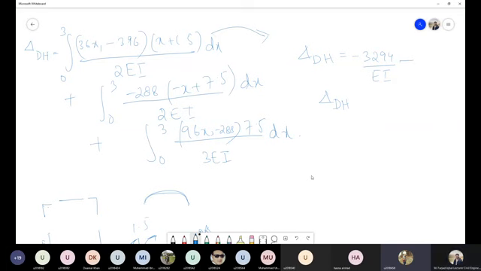Sir, it is 2997, the first one. Anyone else? Did you divide it by 2? Yes sir. Sir, 1498.5 over EI. Actually, this is the correct answer, 1498.5. What about the second integral?